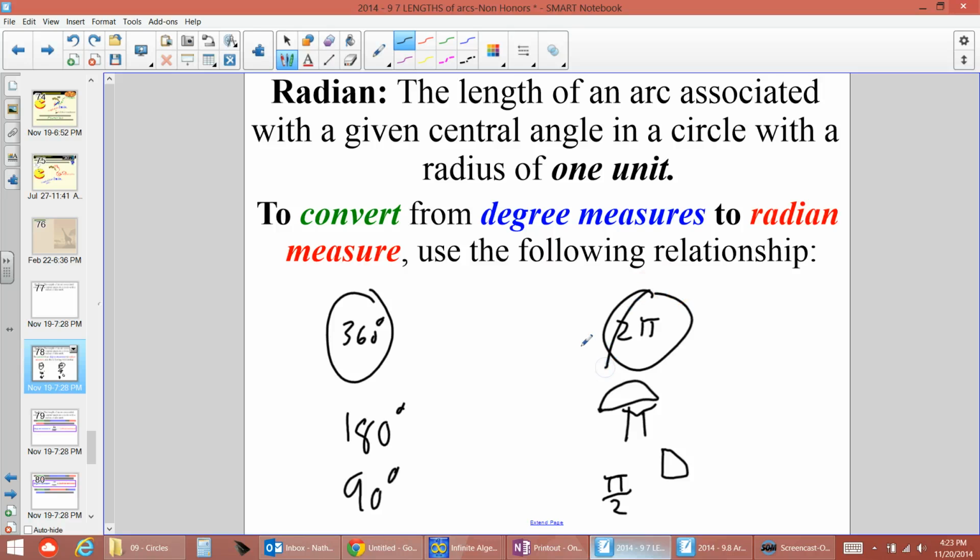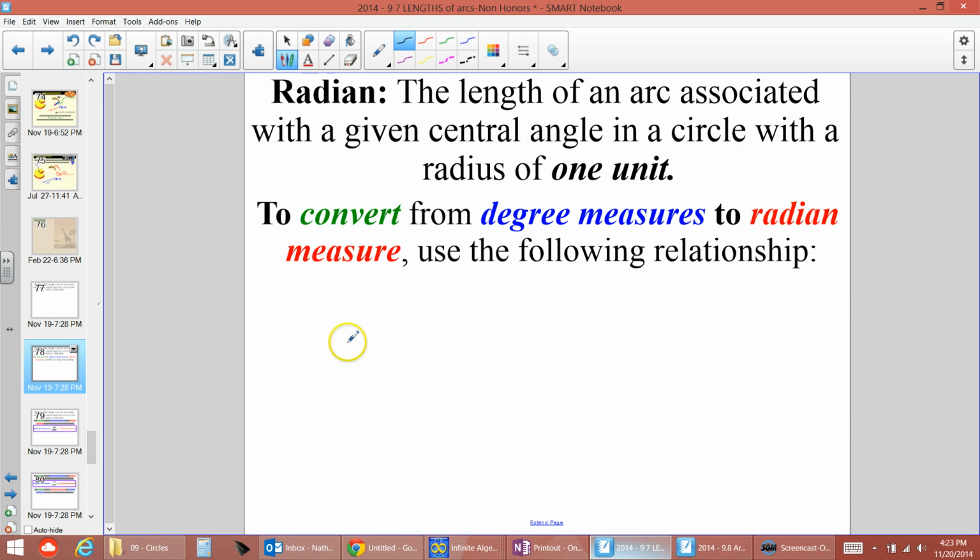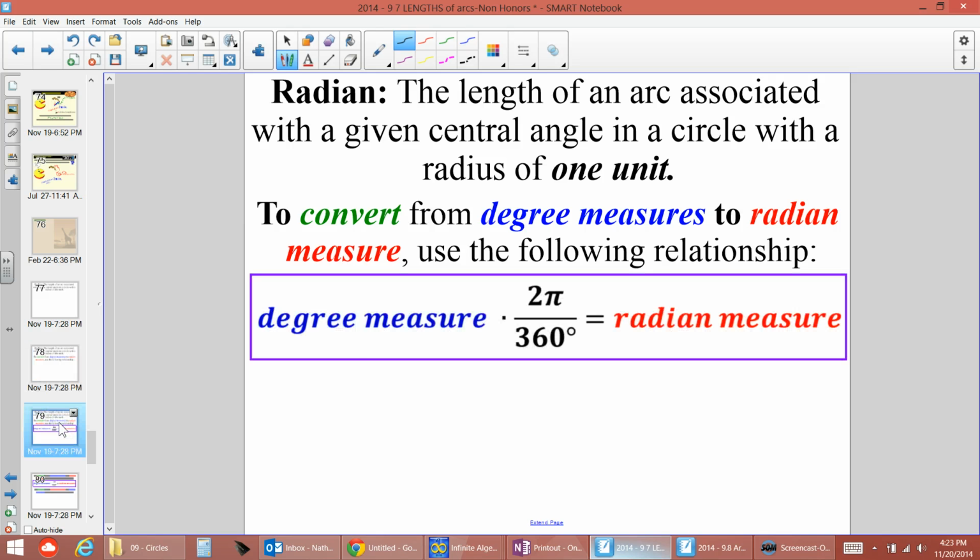So it doesn't really matter what degree I'm given. I can find the radian measure by following this relationship. Let's say I tell you that the measure is 45 degrees. I'm going to multiply that by 2 pi over 360.